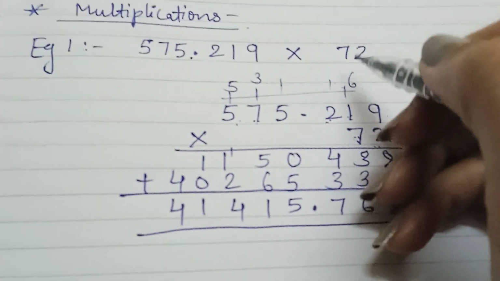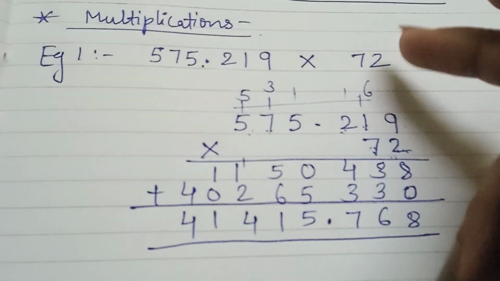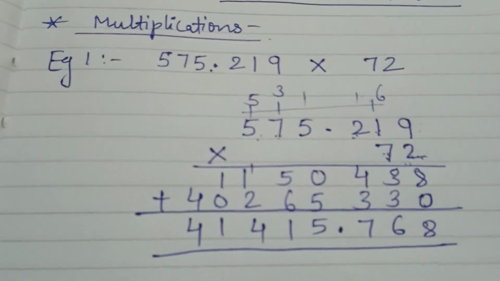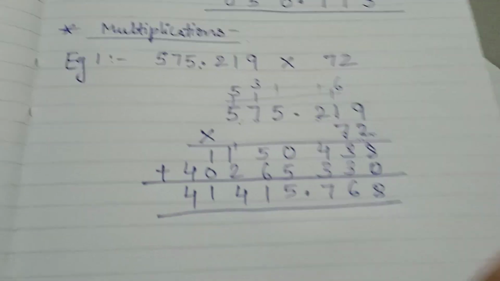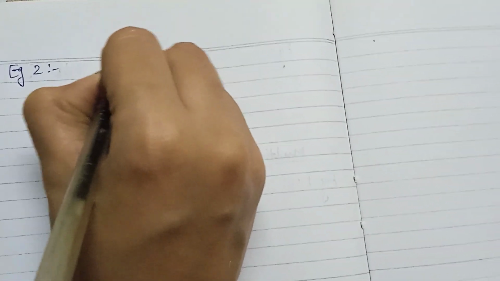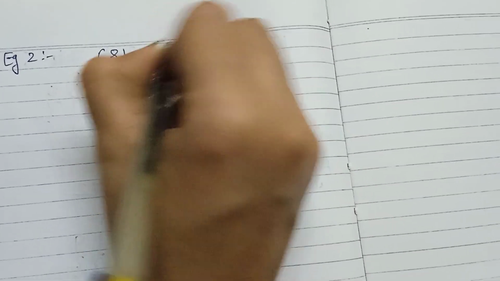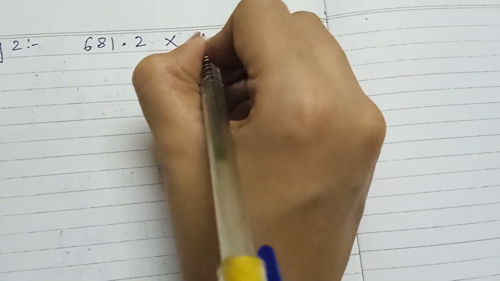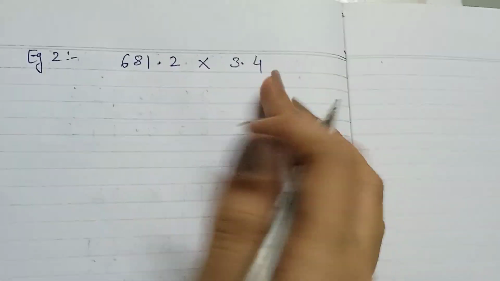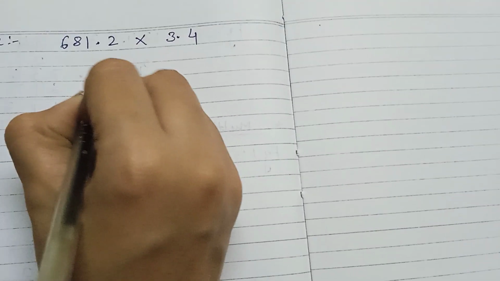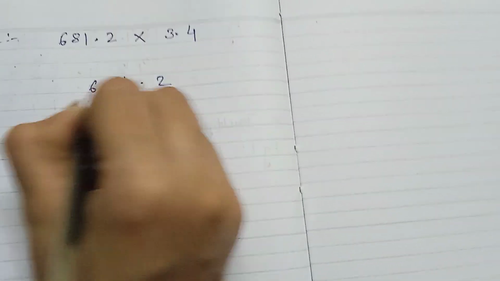So let's see one more example where the multiplier is a decimal number. Example 2, 681.2 multiplied by 3.4. Now both numbers are decimal numbers. Again, write the number as it is.